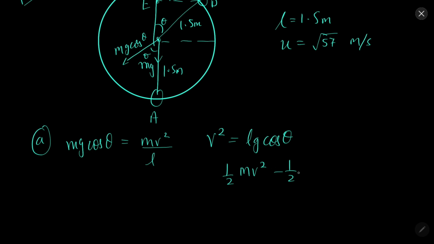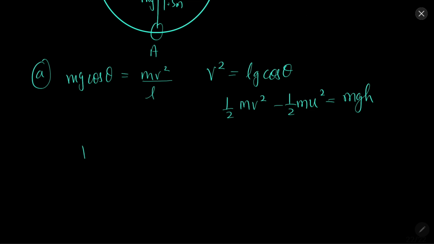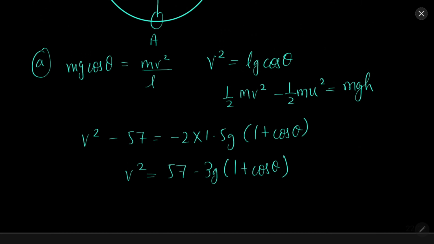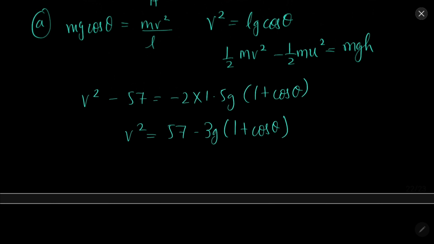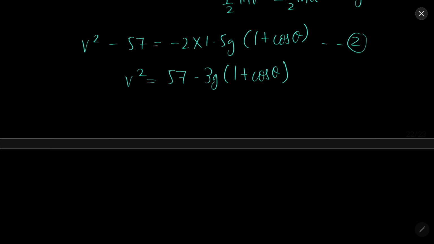So half mv square minus half mu square, final kinetic energy minus initial kinetic energy, equals work done, that is mgh. So v square minus 57 equals minus 2 into 1.5 g into 1 plus cos theta. So from this you will find v square equals 57 minus 3g into 1 plus cos theta, and let this be equation 2, if this is equation 1.